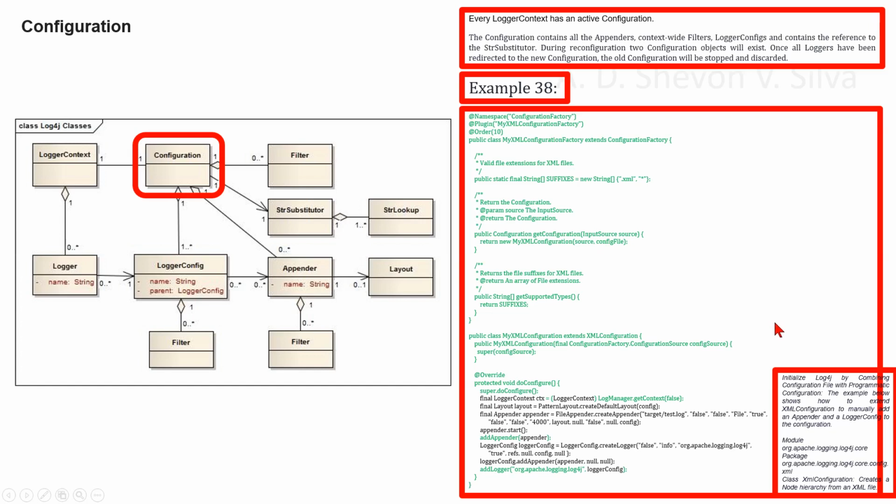The easiest way to achieve this is to extend one of the standard configuration classes, XMLConfiguration or JSONConfiguration, and then create a new configuration factory for the extended class.